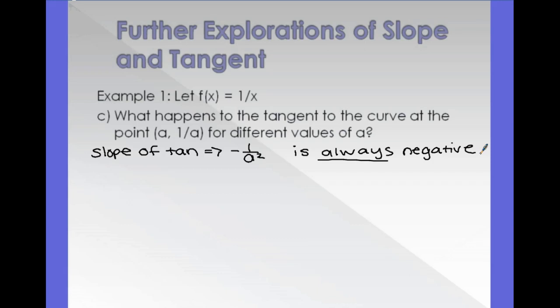So what does that mean? Well, it means that as a gets really, really close to 0, so let's say we want to talk about the limit as a goes to 0 for negative 1 over a squared. Well, since it's always negative, the slope as we get closer and closer to 0 would be going where?